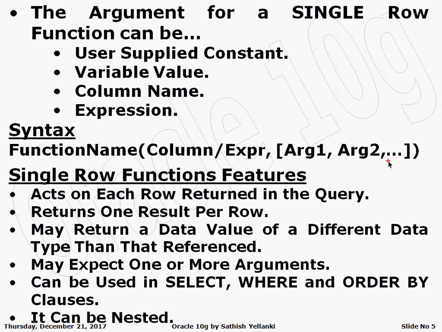They return only one record for every single record that is returned by the query. They can return a data value which is other than the actual data type. Means what? I am working on a character function, but my return value can be a number. A character function returning only characters is not a rule. Be very clear.